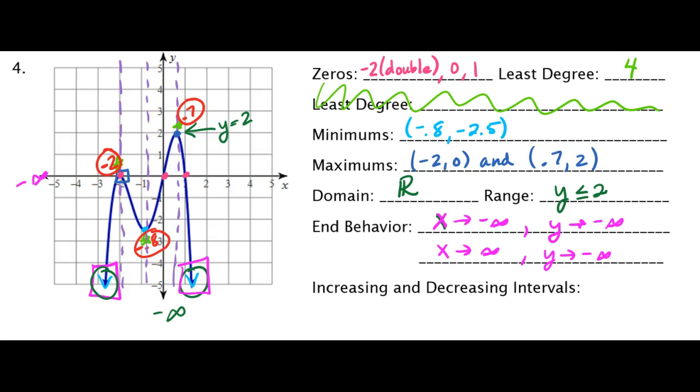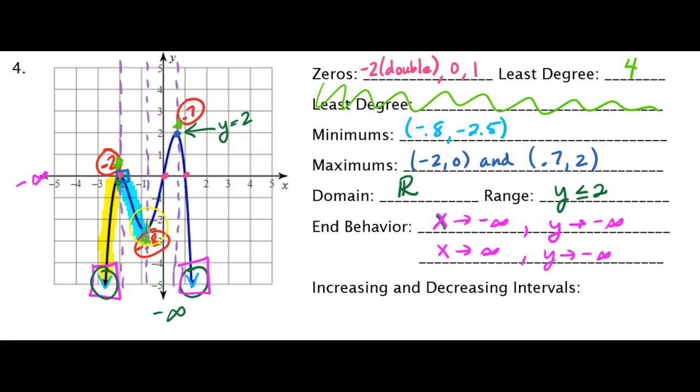The next thing I'm going to do is highlight, and this time I'm going to color code them. I'm going to make increasing intervals in yellow. This would be an increasing interval because as I go towards the right, it's going up. Now remember that your intervals always alternate. If my first interval is yellow and that's increasing, that means the next interval, I'm going to make it blue, would be decreasing. And that goes to the next boundary line.